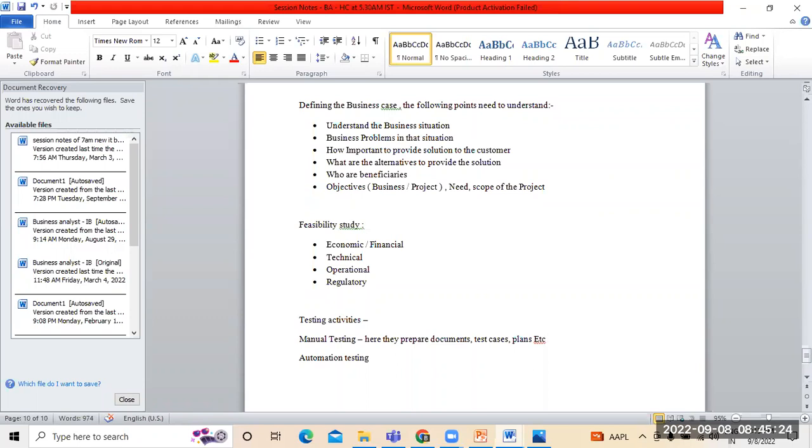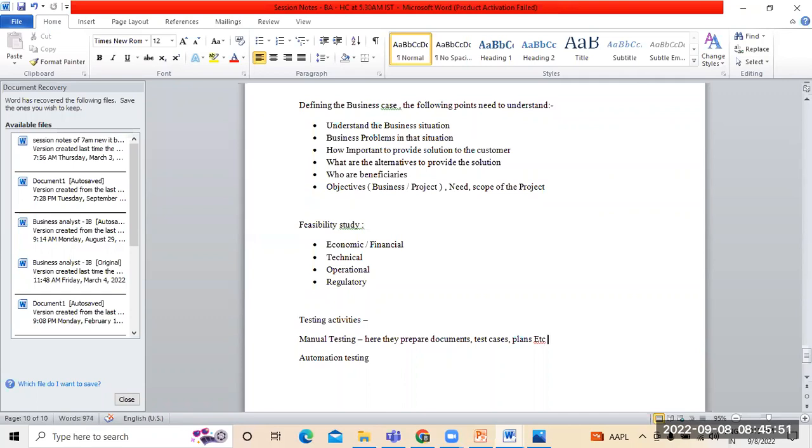Now, whenever the developer has written code for a particular functionality, they have to test it with the test case they have prepared. When they compare, there are two different results: one is the expected result, second is the actual result. Expected result is what the customer is expecting.